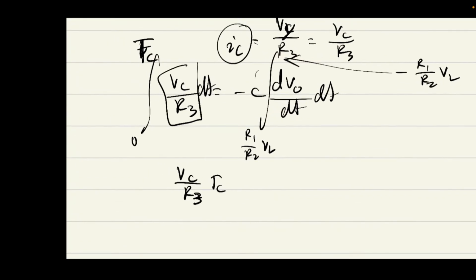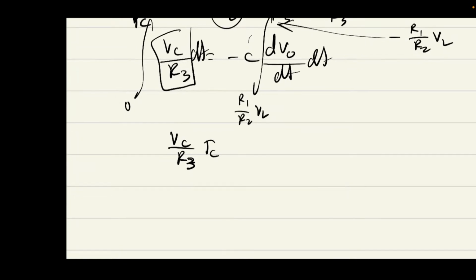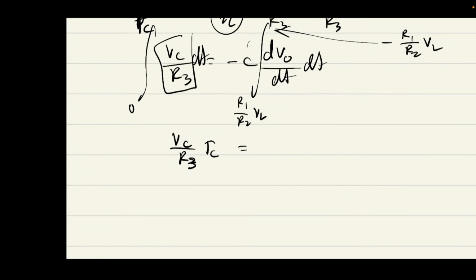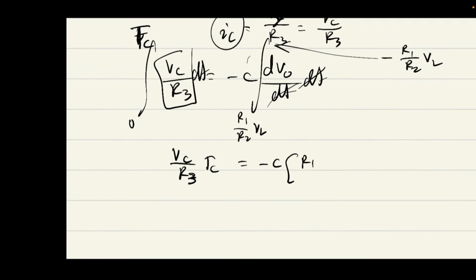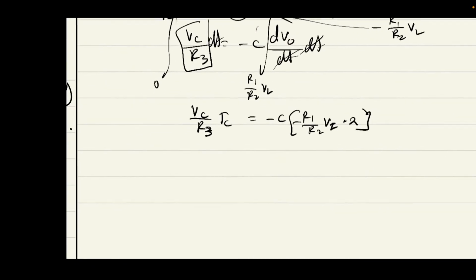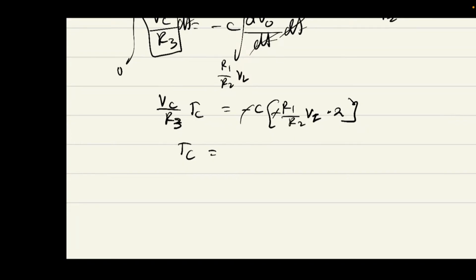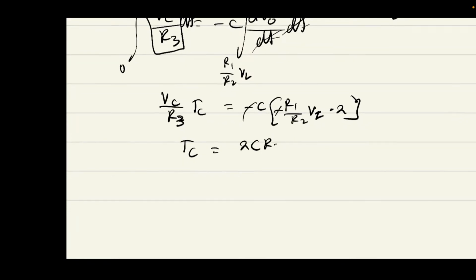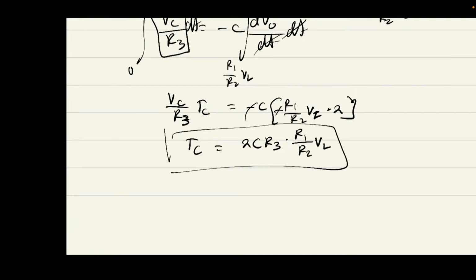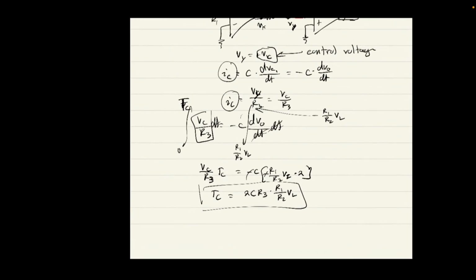Remember, this is all constant, right? This is not a variable. And then we have negative R1 on R2 times VL times 2. Okay, we solve for TC. It's going to be 2C times R3 times R1 on R2 times VL. Cool. Any questions? No questions? Okay.